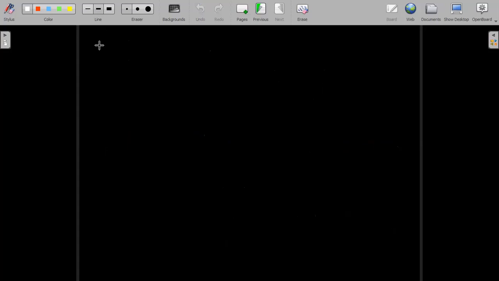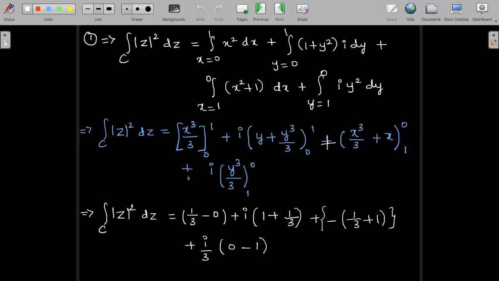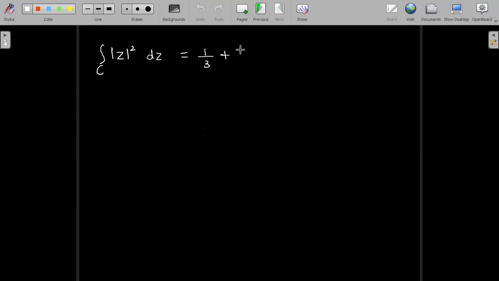So this gives us the integral over C of |z|² dz. The first term is 1/3, and the second term is 1 plus 1/3, which is 4/3 i. This is the imaginary term.